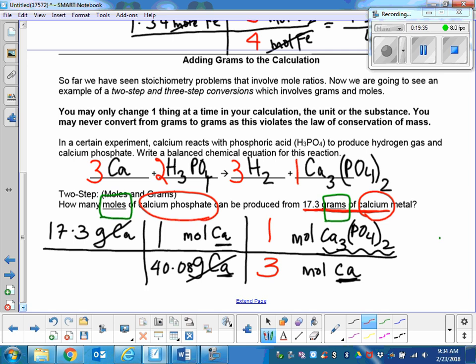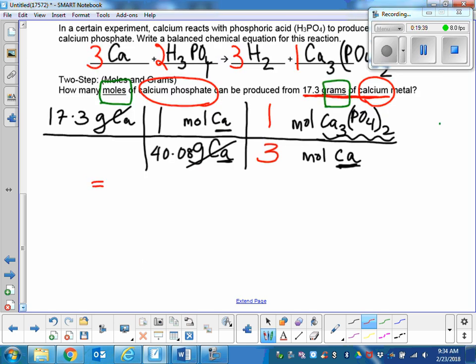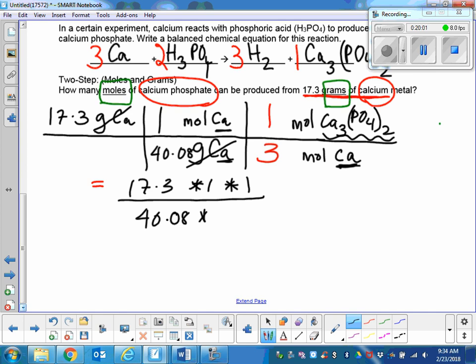So with multiple proportions, I set it up all as a track, and I can do the problem very quickly. Okay? And so my math will be 17.3 times 1 times 1. What do you do with numbers in the denominator, guys? The calculator is stupid, right? You need to either hit divided by every time you divide, or make sure you put numbers in the bottom in a bracket.